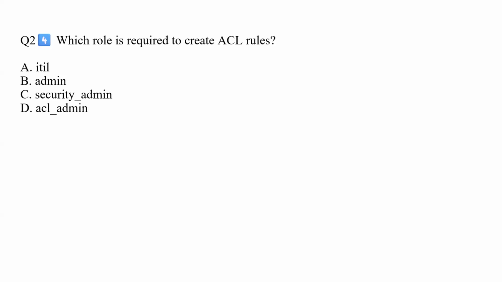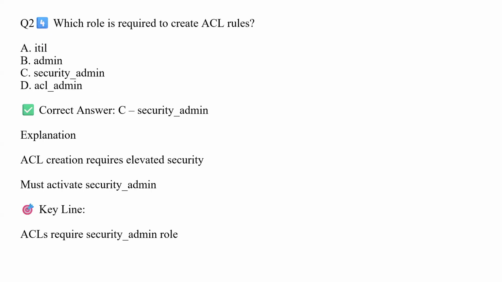That's why security_admin is the correct answer, option C. ITIL is the end-user role, not sufficient to create ACLs. Admin is not sufficient because it is limited for ACLs. And ACL_admin is not a real role. So the correct answer is security_admin.